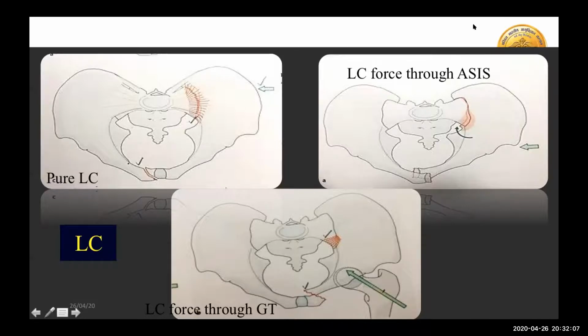If the force is transmitted at the level of the anterior superior iliac spine, then you tend to land up in situations which can present with a locked pelvis. If the force comes laterally from the level of the neck, then these forces not only damage the ipsilateral hemipelvis, but if severe enough, they tend to cause injuries to the contralateral hemipelvis also.